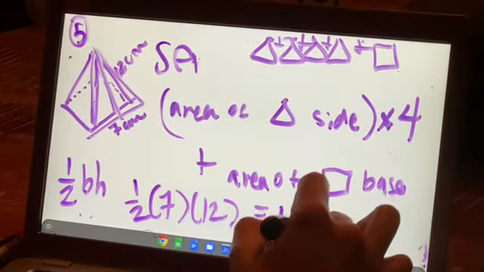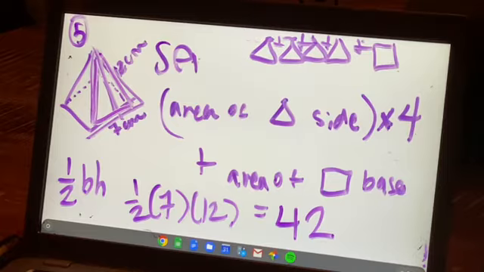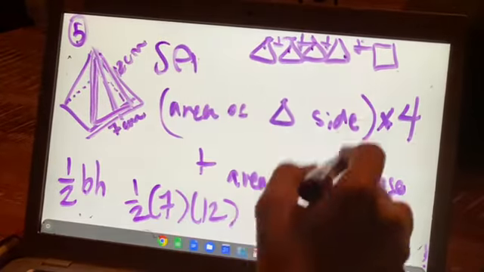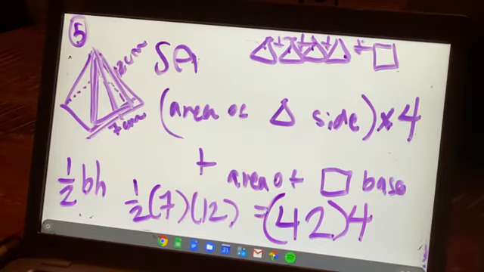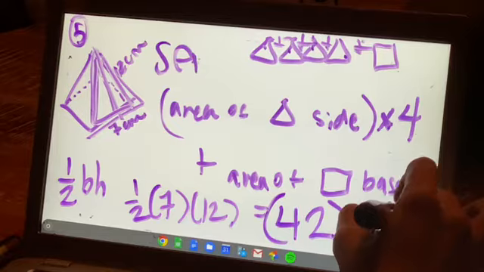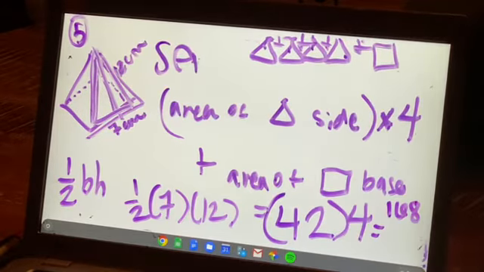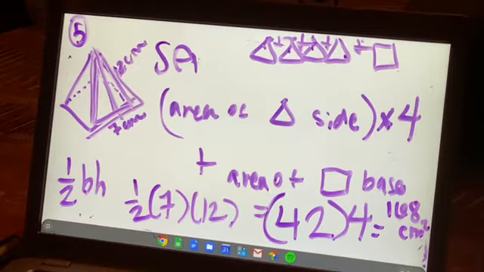So that means that one triangle is 42. Remember that we need 4 of them. So I'm going to do 42 times 4, all right? And 42 times 4 is 168. And remember that this is centimeters, in this case squared because it's area.